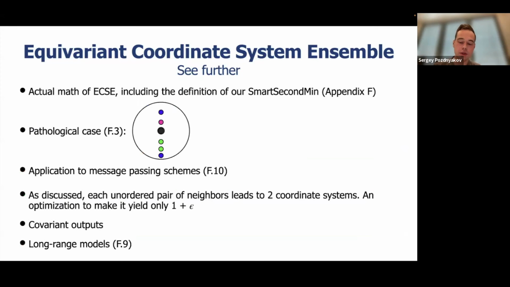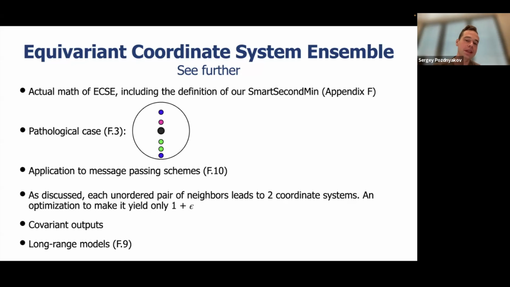I just want to point you to a few things which are too cumbersome to squeeze into the presentation. First of all, you're welcome to see Appendix F of our paper for the actual definition, some gigantic formulas of our smart second minimum. There is also one absolutely pathological corner case.